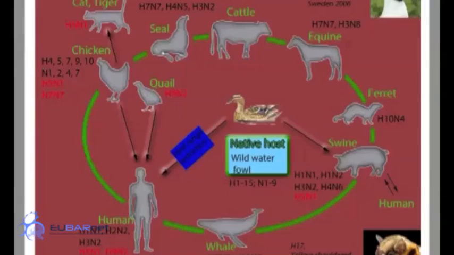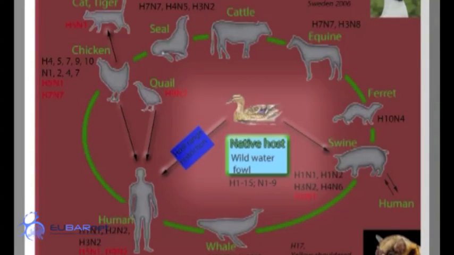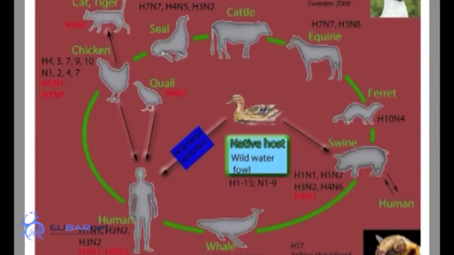So the great diversity of this virus makes it able to adapt to various hosts. The native host is actually wild waterfowl, and then it has various subtypes. You can see in black here subtypes that have adapted to a particular host.